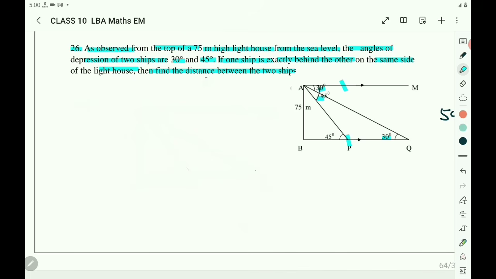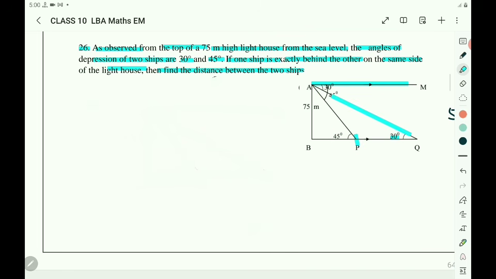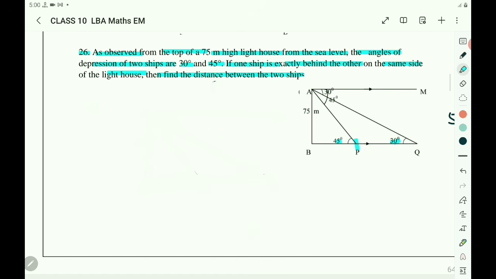Similarly, angle MAP is equal to angle APB. These two are the alternate angles and they are equal. By using that property, you can write the angles APB is 45 degree and angle AQB is 30 degree.